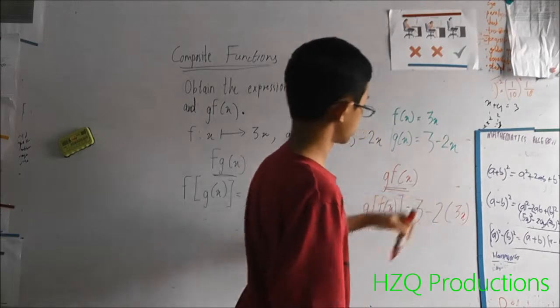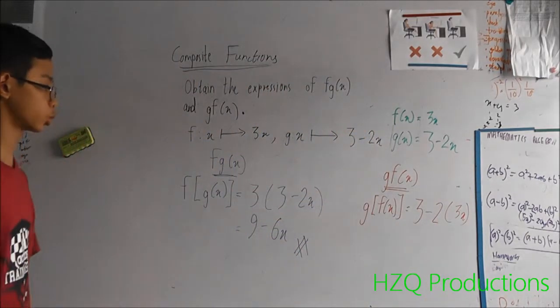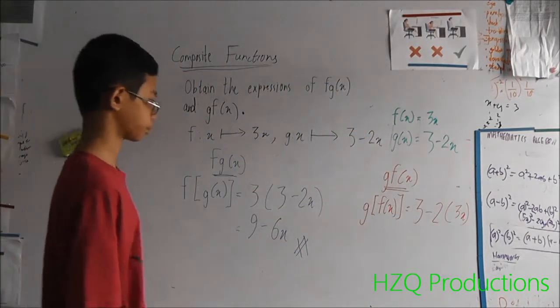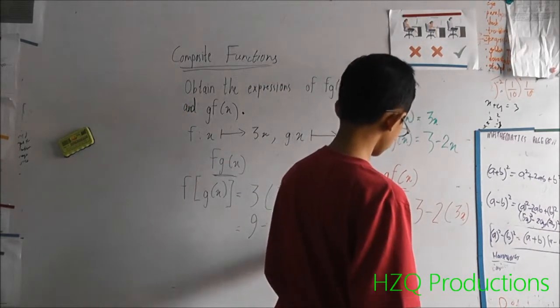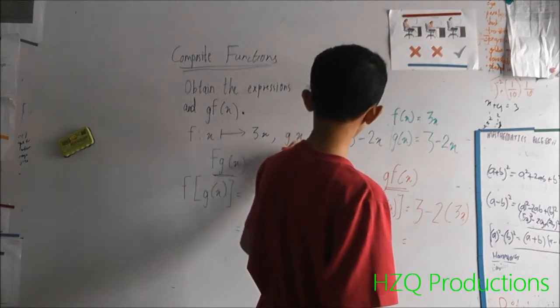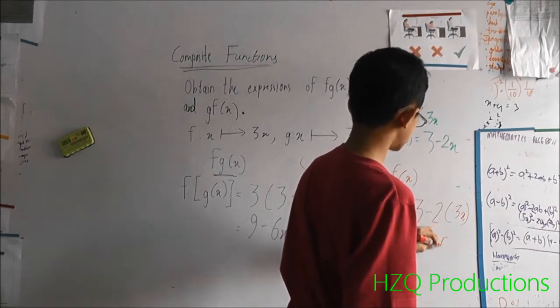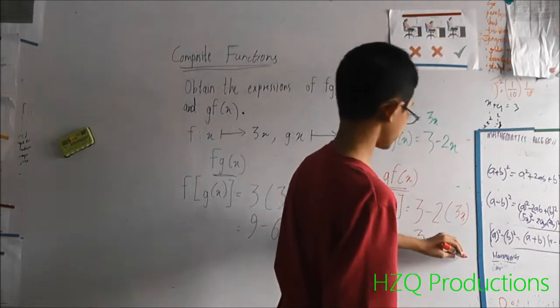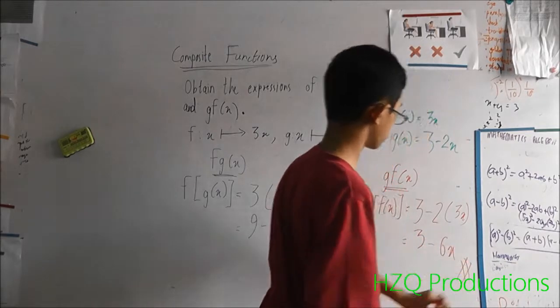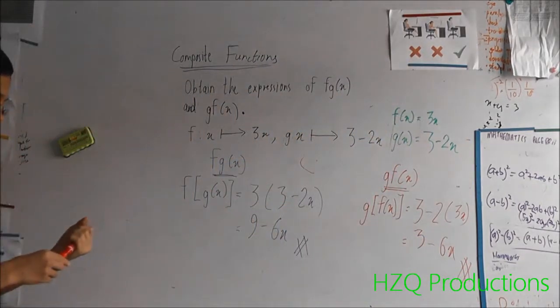So 3 minus 2 times 3x, okay, so 3 minus 6x. And like I said to you, no need to simplify. That is the final answer.